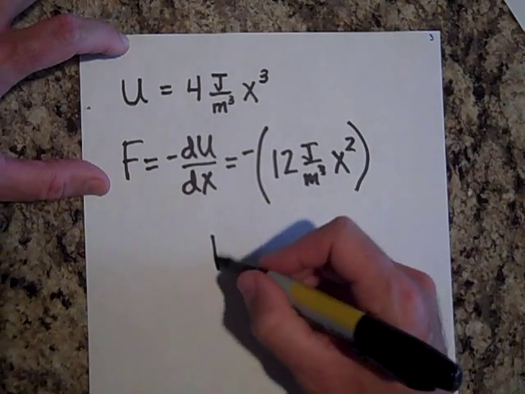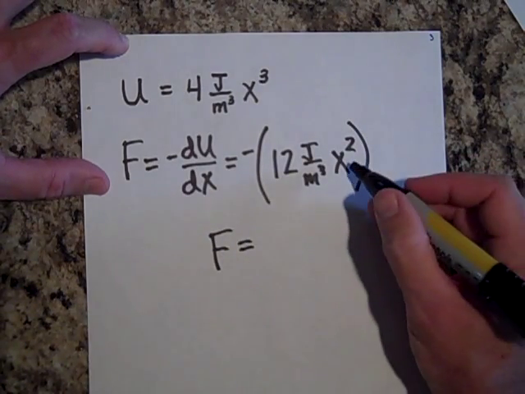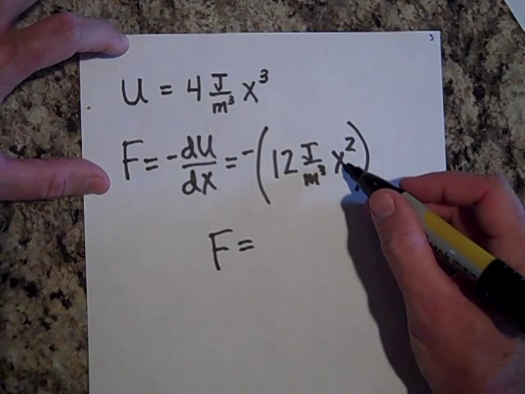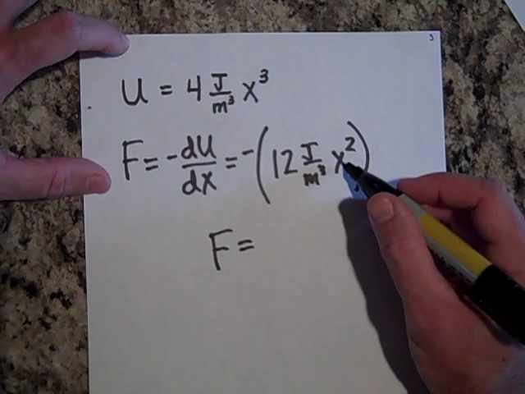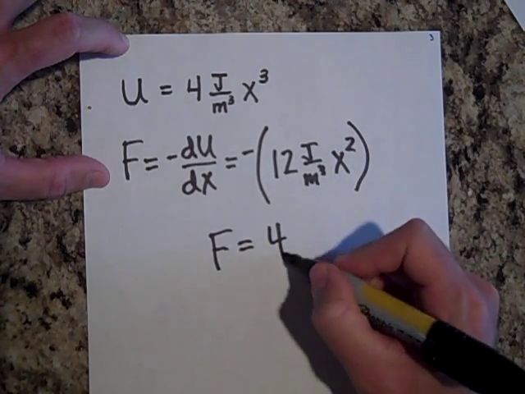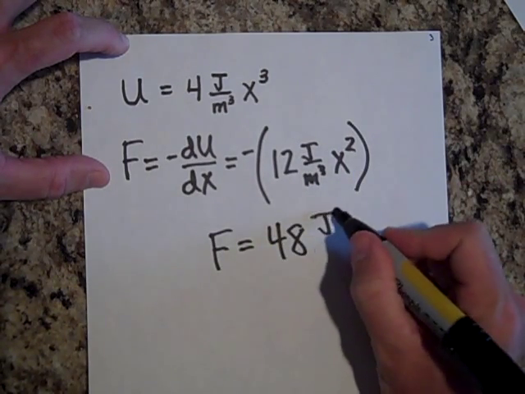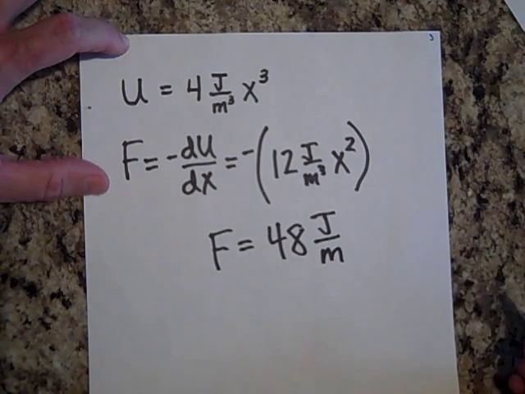If I put in 2 meters, then it's going to be 12 times 2 meters squared, which gives me 4, so it's going to be 48 joules per meter. That's what the units are going to be.